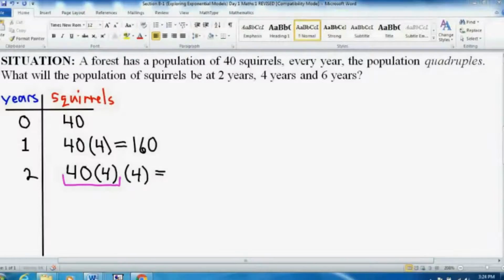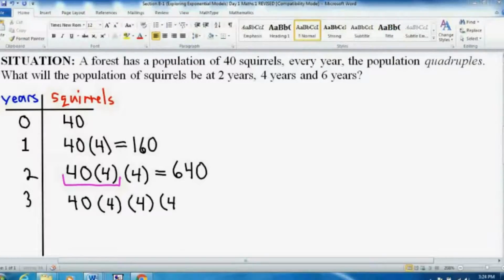That squirrel population is again going to quadruple, which will give us a new squirrel population of 640 squirrels.